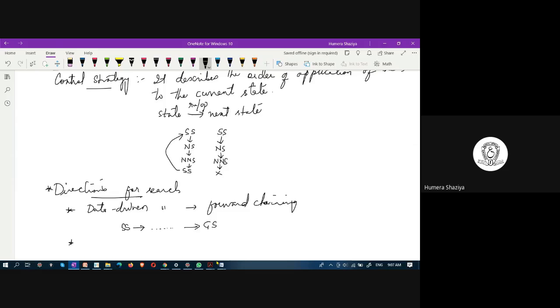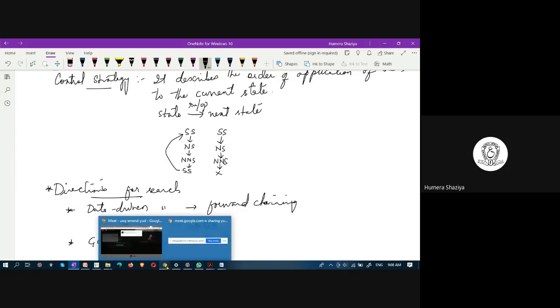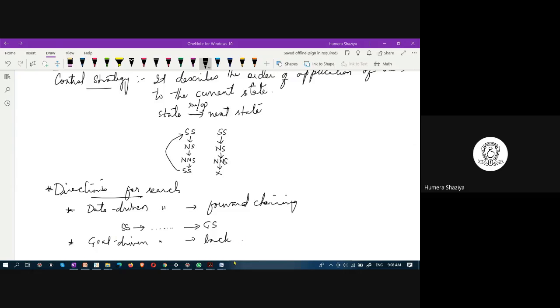The next method is goal driven search, also known as backward chaining. Will you tell me what is backward chaining?